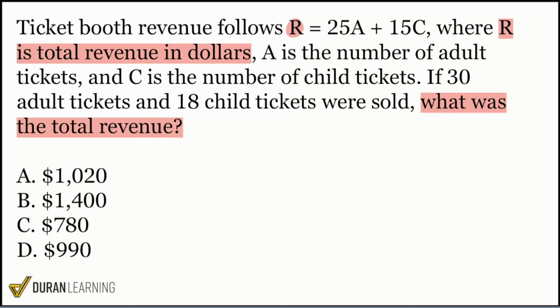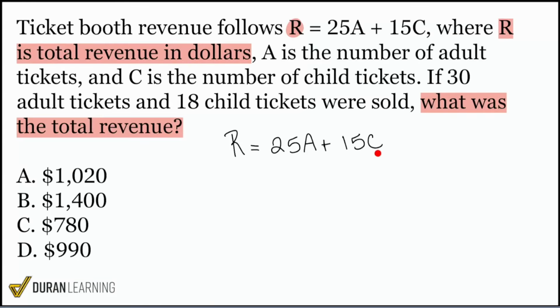We already know that we're solving for R. Equals 25A plus 15C. So we already know that we're solving for R, so we'll leave that as is. However, though, everybody, where is the 18 going to be replaced?